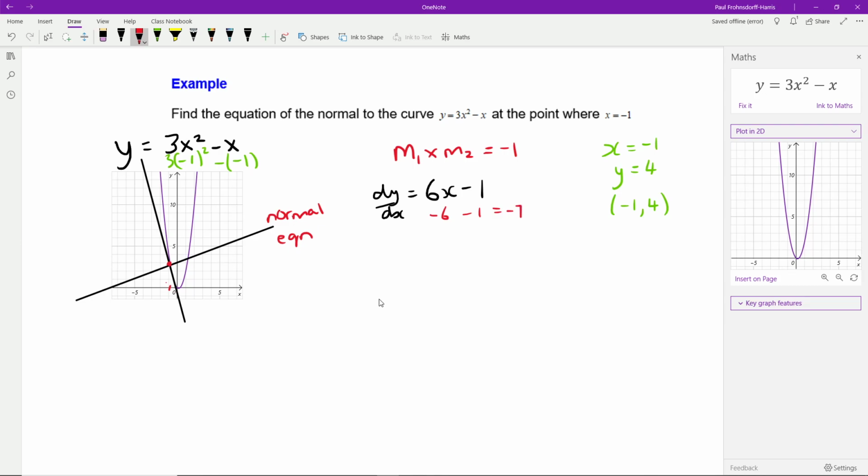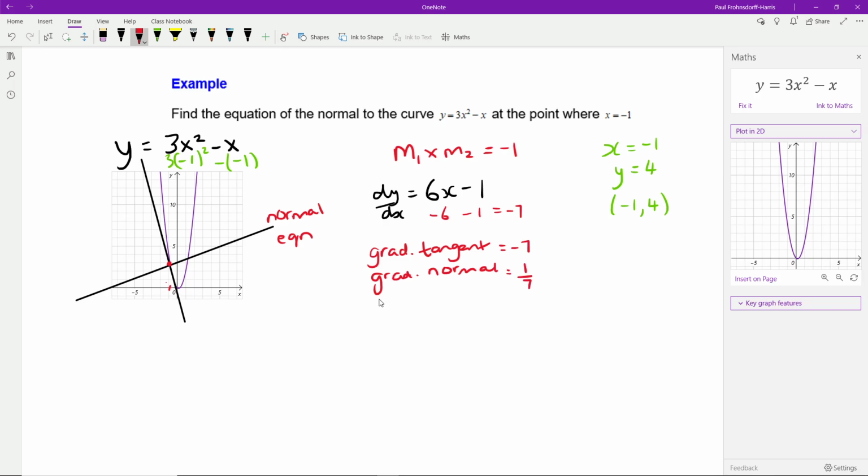So we know that the gradient is minus 7, but that's the gradient of the tangent. We want the gradient of the normal. And the gradient of the normal multiplies by the gradient of the tangent to make minus 1. So the number we're going to need is 1/7.